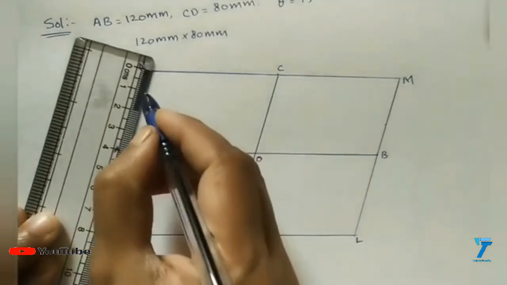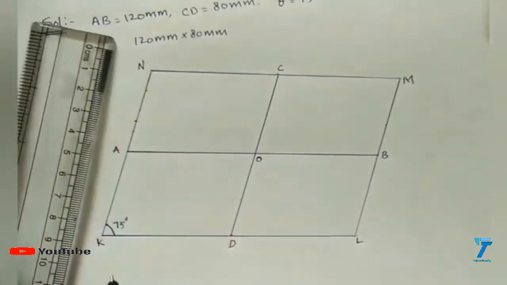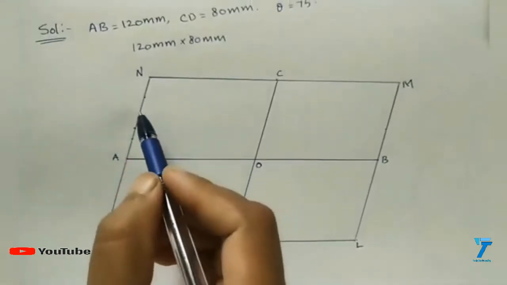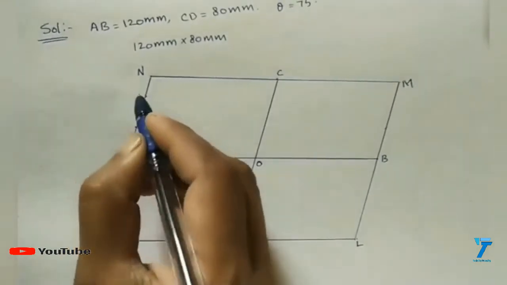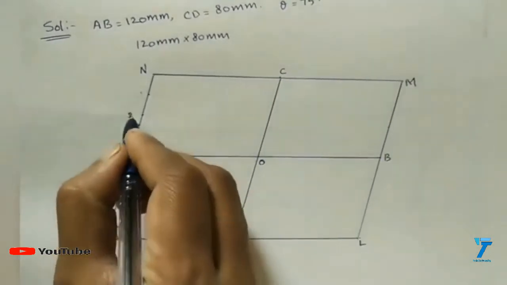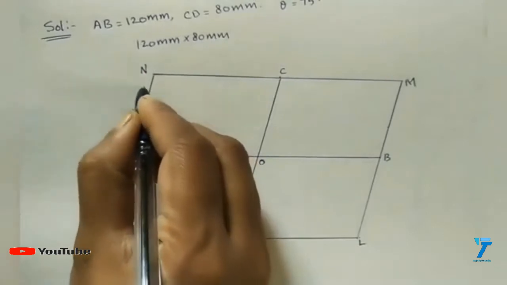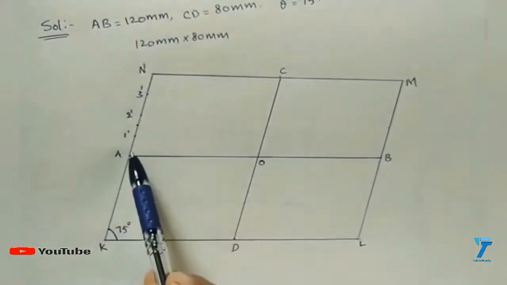At 1 cm, I am taking points. So here 1, 2, 3, 4 divisions I did. Give the names for it. After 1 dash, this point is 2 dash, this point is 3 dash.